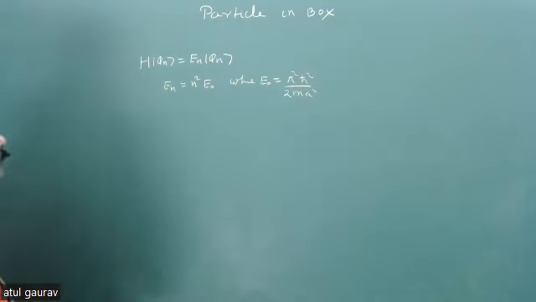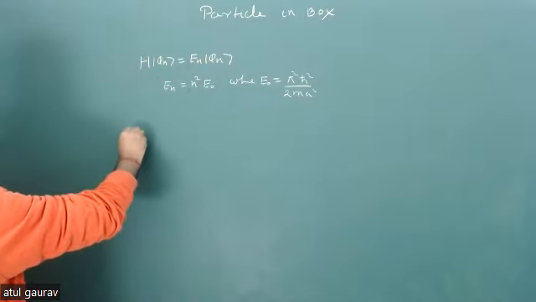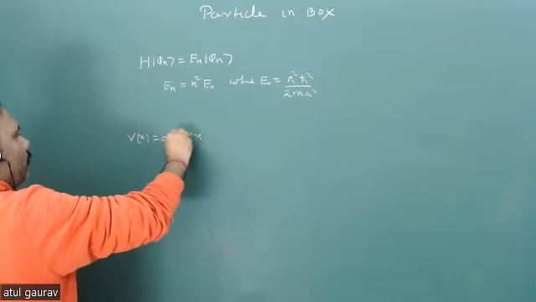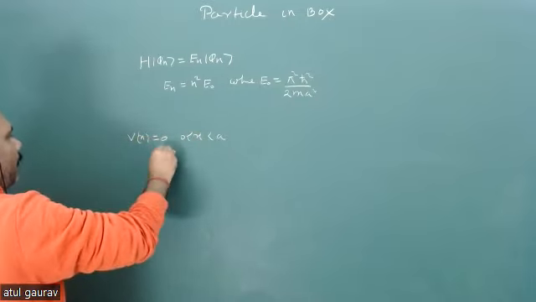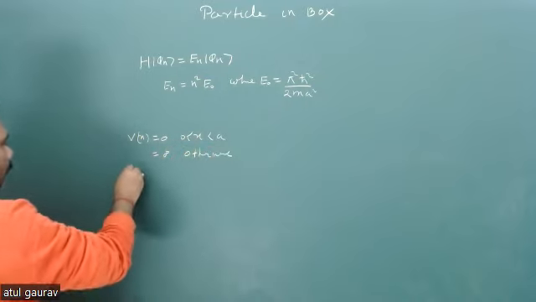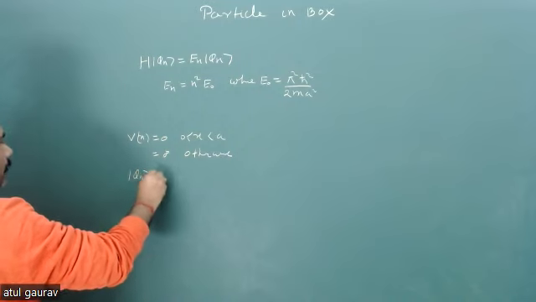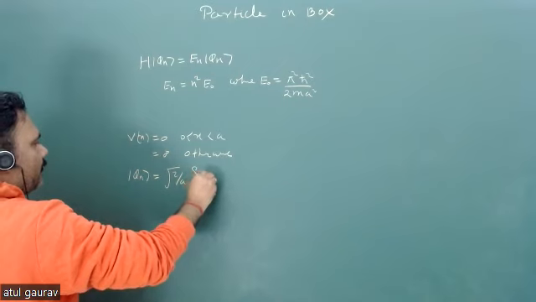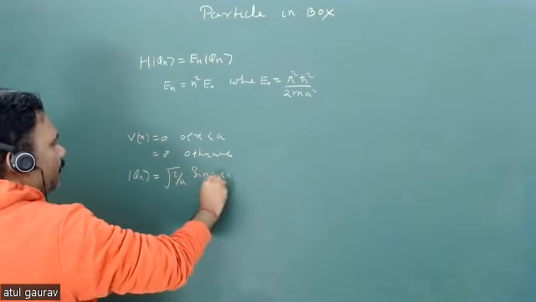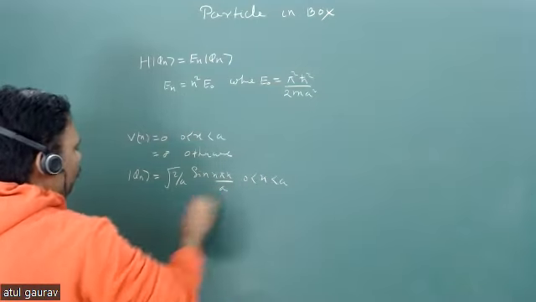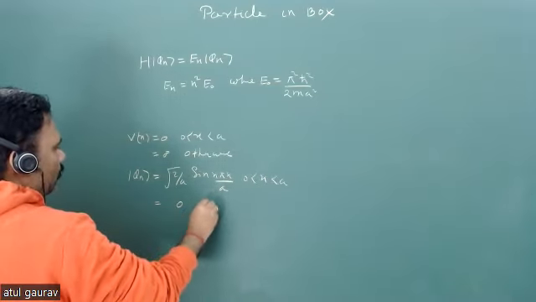But for different potentials, we have different wave functions. For the potential Vx equal to 0 when x is between 0 and a, and infinity otherwise, the wave function phi n is root 2 by a sine n pi x upon a when x is between 0 and a, and 0 otherwise.